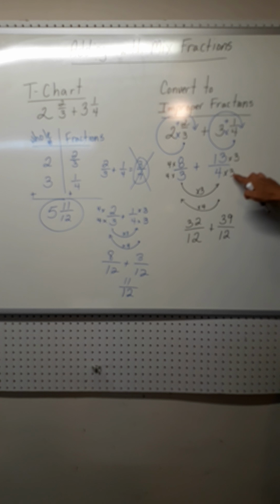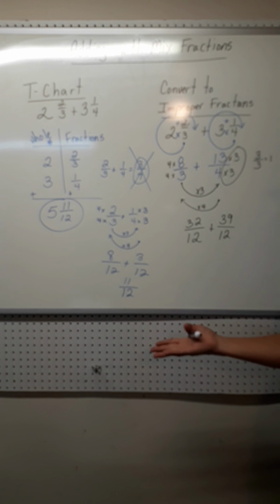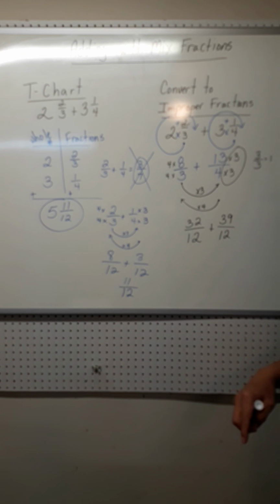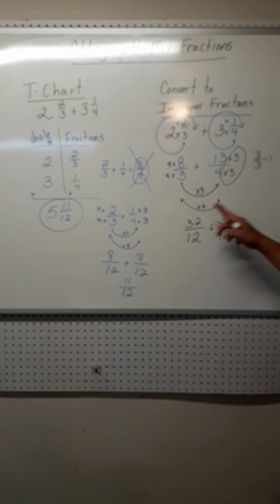If we multiply the denominator of 13/4 by 3 and the numerator by 3, 3 over 3 is really 1. So I'm really multiplying by one, and when you multiply by 1, it doesn't change the value. It just makes it look different. It's like a convertible car. You can have the roof up or roof down. It's still the same car.